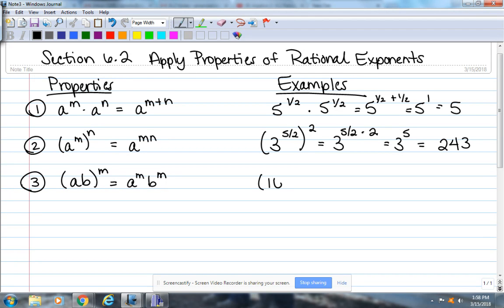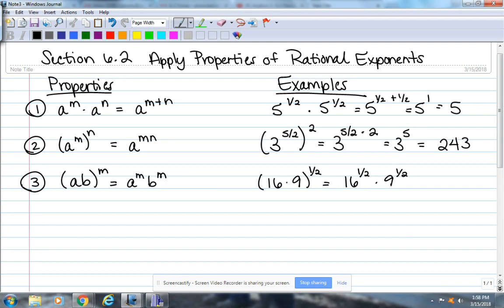So if I have 16 times 9 to the 1/2 power, that means both things in the parentheses will get the 1/2 power. So that's going to be 16 to the 1/2 power times 9 to the 1/2 power.